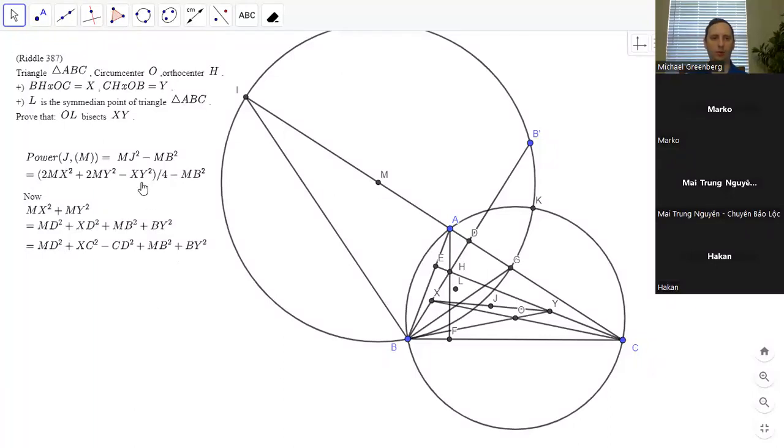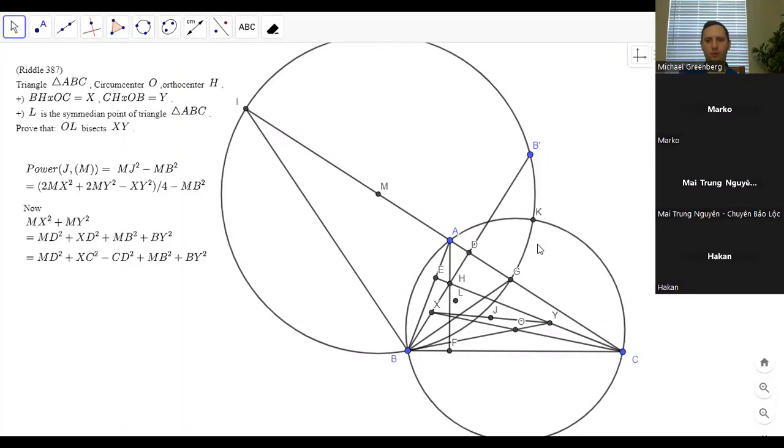So we can ignore the XY, because that's on both sides, right? MB squared minus MB squared equals CD squared minus CB squared. So that would be useful.